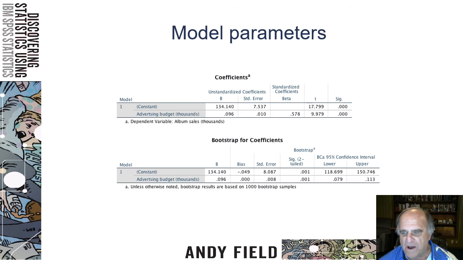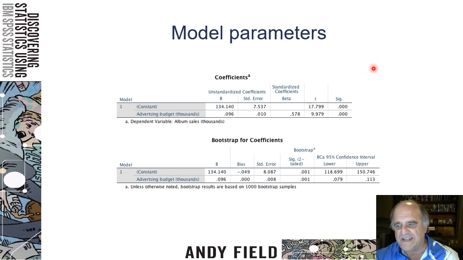And of course, then we also get our model parameters, or our B's. Now, a lot of people get confused by this. Again, there are 2 kinds of B's. There are little b's and big B's, or unstandardized B's and betas. So we have both of those.